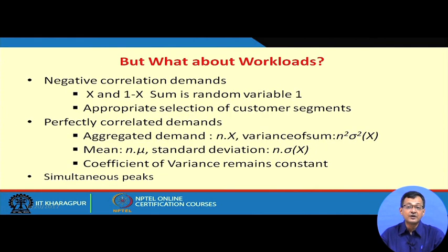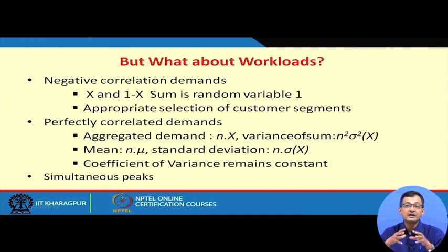But what about the different workloads? Negatively correlated demands, like if x and 1 by x, the sum of the random variables is 1. Appropriate selection of the customer segments is another important thing, right. Say I have a computing infrastructure and I select customers, some of them active in the daytime, some of them processing at night time.